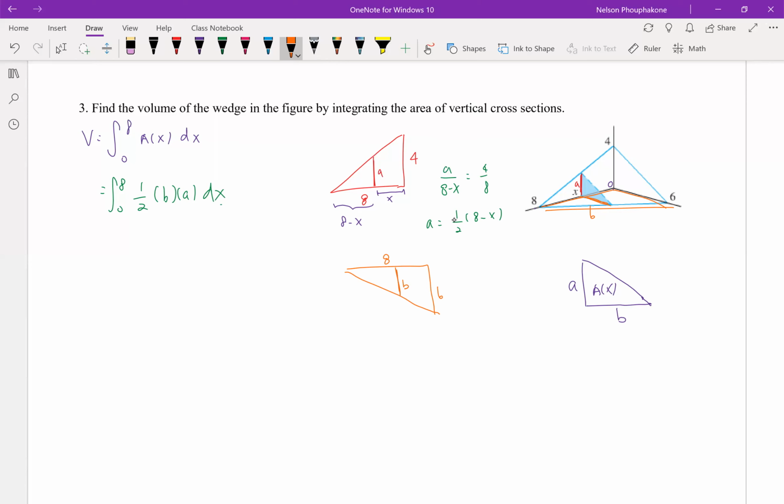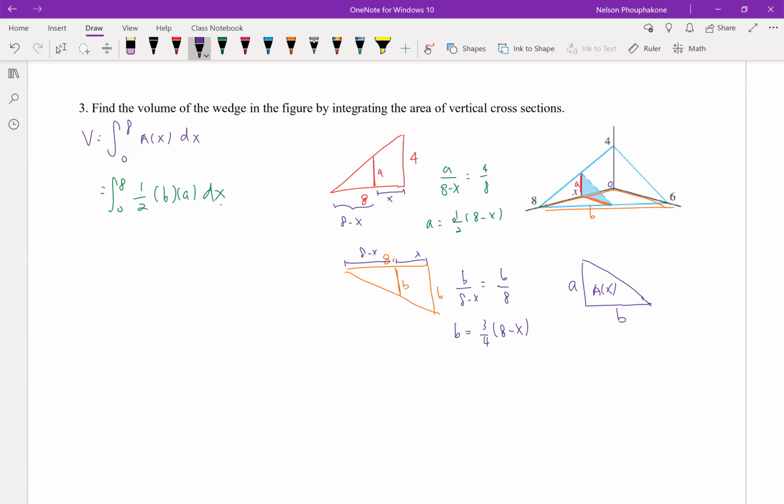Again we know that from here to here is x, and from here to here is h minus x. So I will have b over h minus x is equal to 6 over 8. So b is 3 over 4 times (8 minus x).